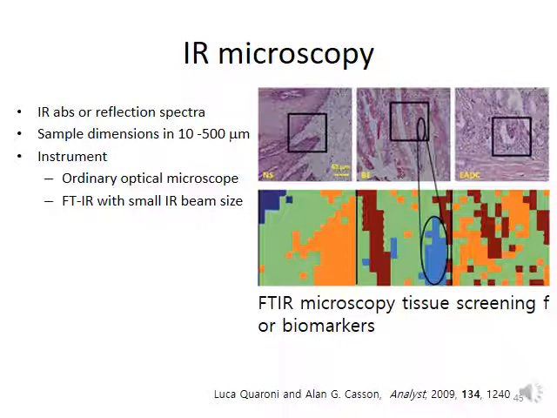Basically, this instrument is equipped with an optical microscope and an FTIR with a small IR beam size. So this is the instrument that is set up with the infrared.